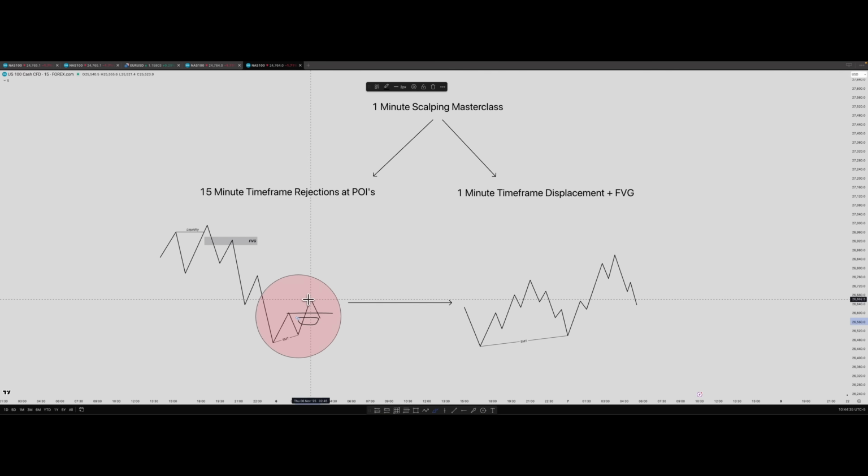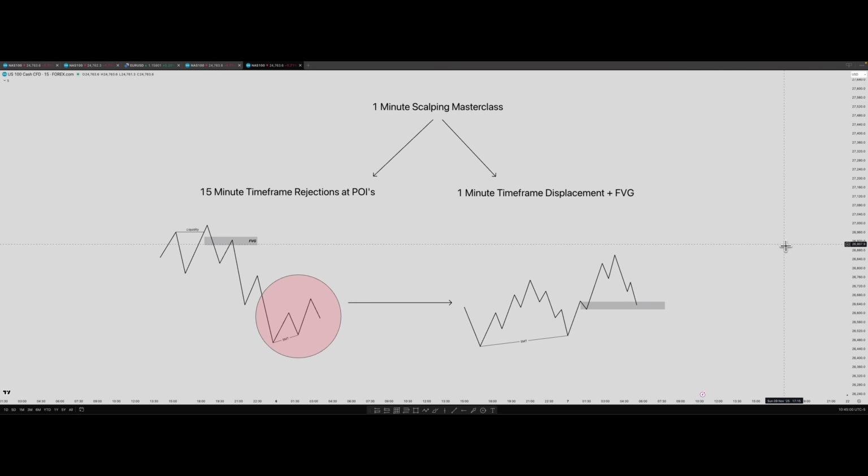So on the 15-minute, we have a clear picture. We trade back into an order block and we trade into a fair value gap. So this gap, this zone, will be my point of interest zone. Now that zone can be refined over here on the 1 minute time frame. We can look for a refined zone or a refined order block.